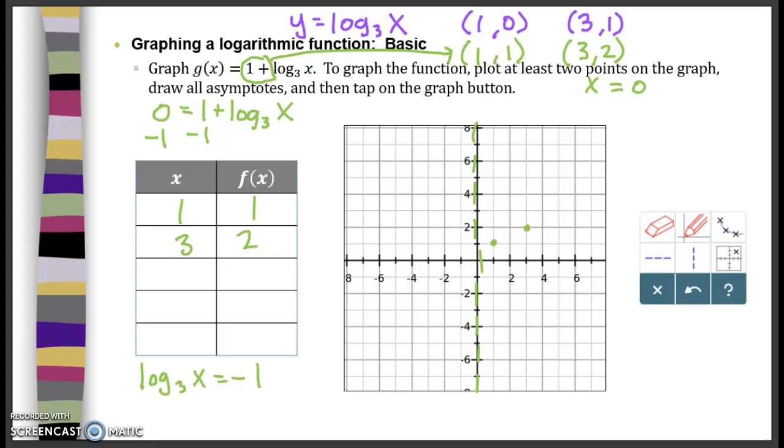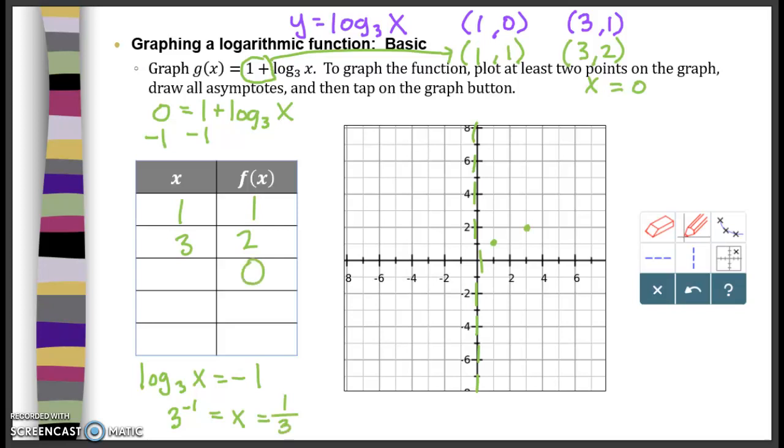I don't have the tools to solve this yet, but what we can say is, wait, this is the same thing as saying 3, our base of 3, our exponent of -1 is equal to x. So what is x equal to? That's equal to 1/3, because the negative exponent flips it to the denominator.